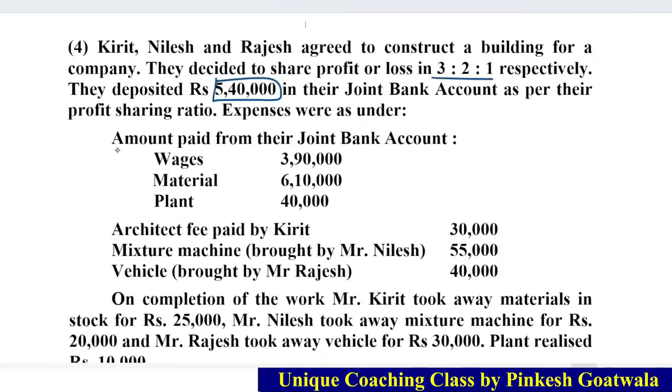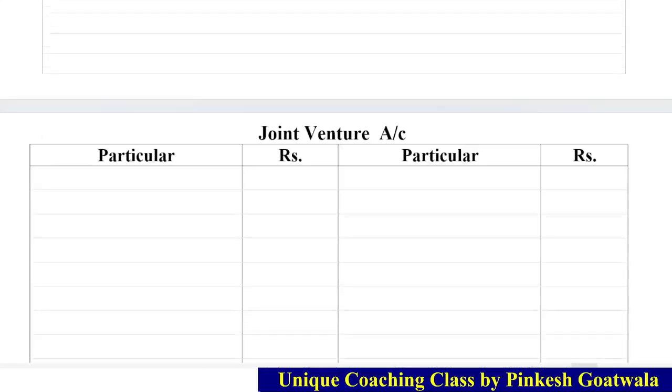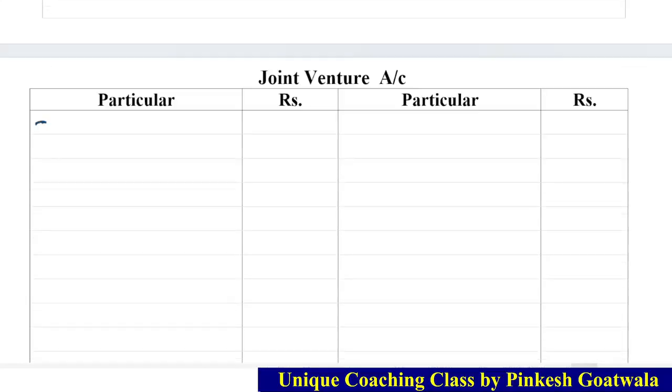After that, amount paid from the joint bank account: wages, material and plant, 390, 610 and 40. So joint bank account માંથી payment કરે છે and it is an expense. So joint venture account debit side, to joint bank account, the expenses. Okay, which expenses were paid by them?